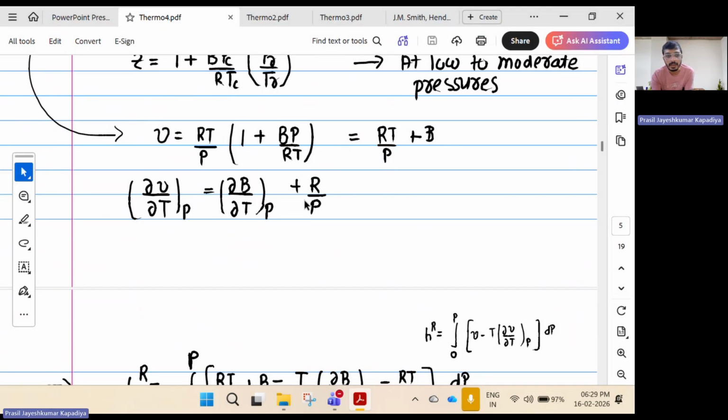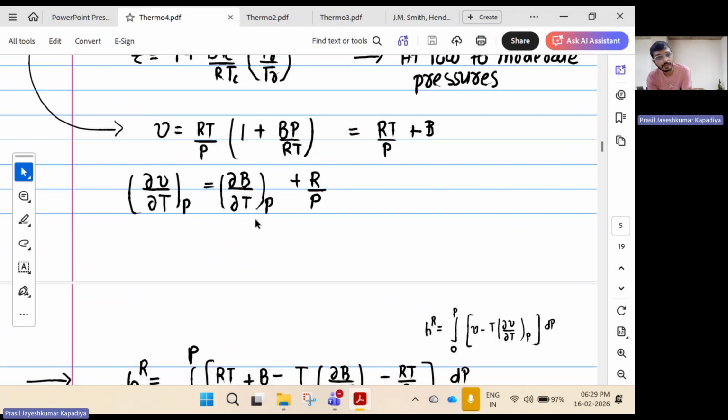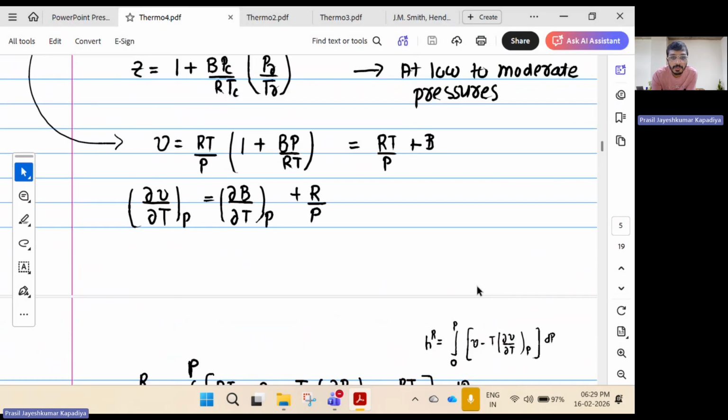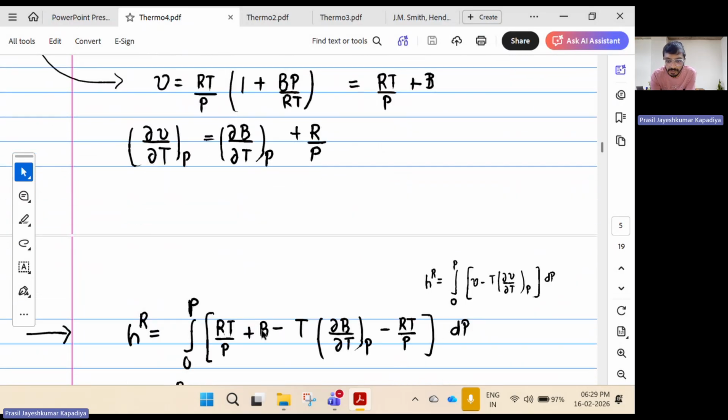So this term is R by P, and B depends on T, as we saw in the last class. So I can write this as del B by del T at constant pressure. Now if I replace these terms in this equation, V was RT by P plus B, minus T into del B del T at constant pressure minus T into R by P.